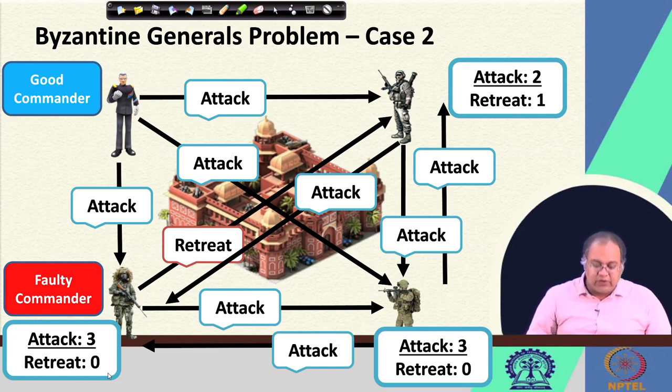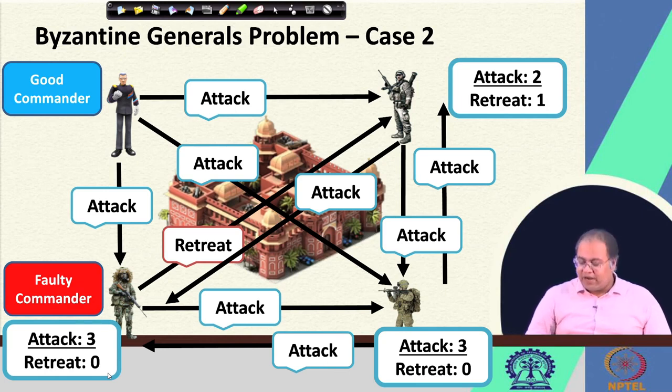Well, so what is interesting in this context is that when I have 1 commander and 2 lieutenants, I can detect a Byzantine fault, but I cannot tolerate it; I cannot reach a consensus. But whenever I have 1 commander and 3 lieutenants, irrespective of whether the commander is faulty or one of the lieutenants is faulty, we can always reach a consensus.